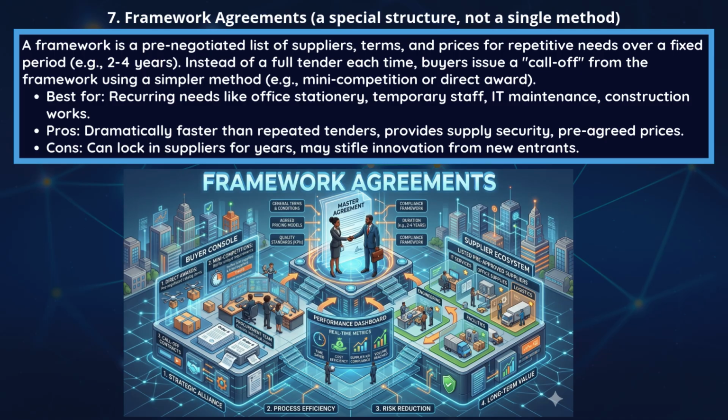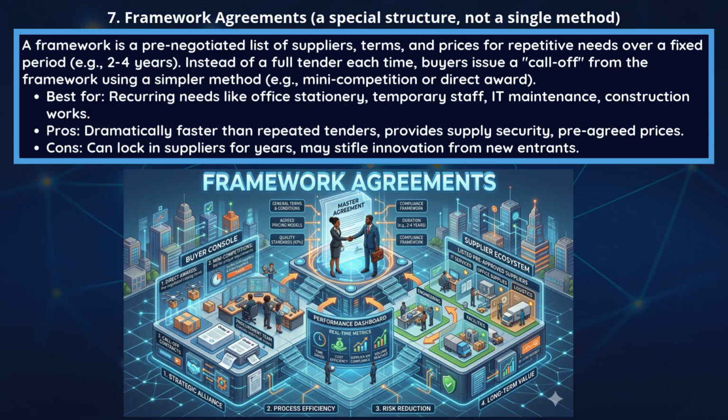As a buyer issues a call-off from the framework using a simpler method, an organization will call off to the supplier and issue the PO directly to the contractor. It is best for recurring needs like office stationery, temporary staff, IT maintenance, and construction works.